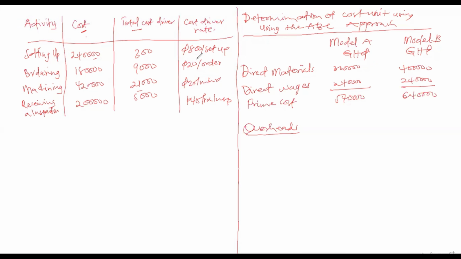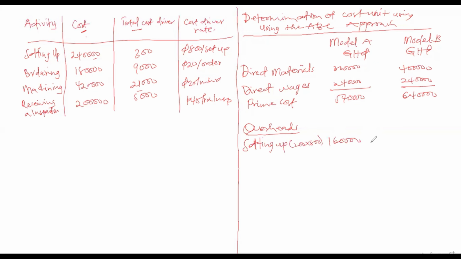And for model A, we had 200 setups. So if you want to know the cost of setup that we have to assign to model A, we multiply the 800 by 200. So for setting up, we have 200 by 800, which will give us 160,000.